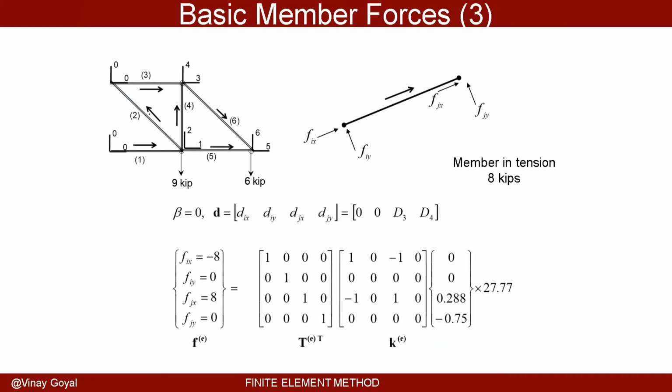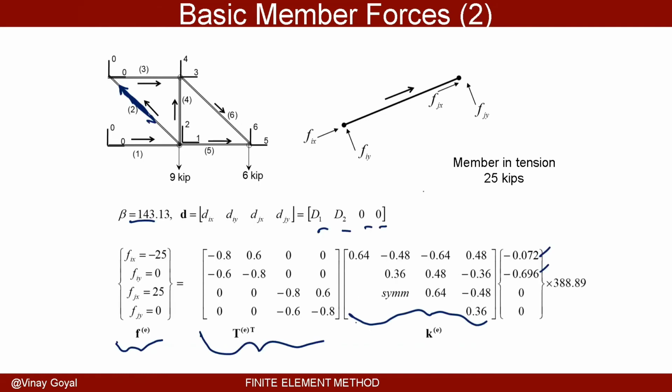Element number three. And you may ask me, oh, why is the element in tension? How do you know that? Okay, let me show you so you can see how amazing this is. I'll take this truss element and draw it here. This node I, this node J. This minus 25 means the force needs to go away from the node.